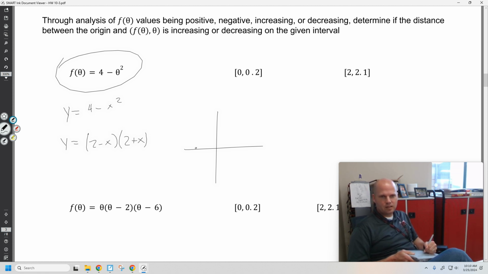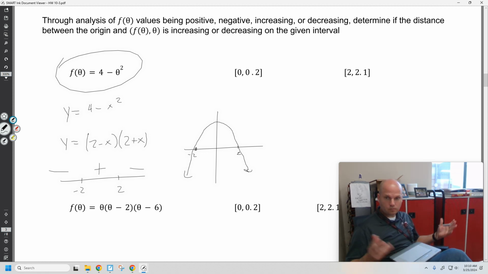We got this positive 2 and this negative 2 value. Those of you who are not comfortable with that, we use a sign analysis. We got 2, we got negative 2. If I plug in something like 5, 2 minus 5, 2 plus 5 is negatives. We'll change signs because of multiplicities. Cool.